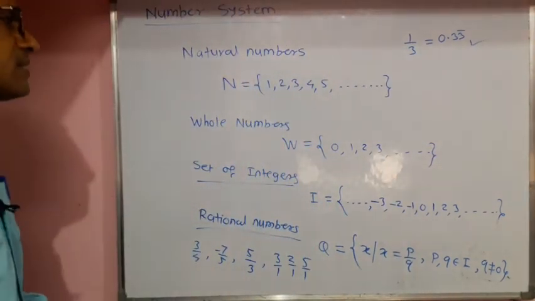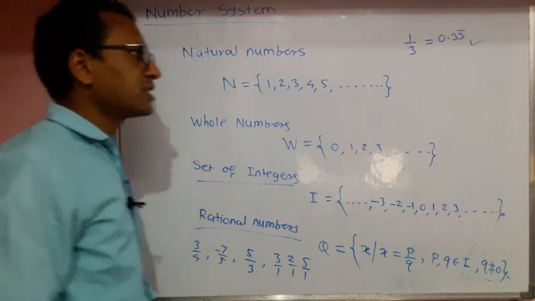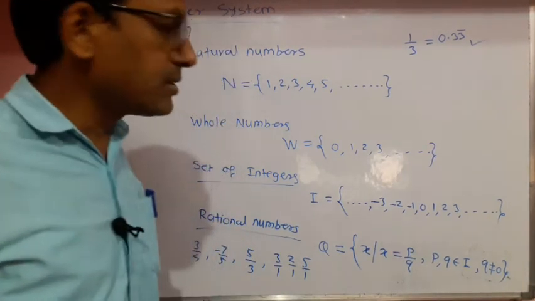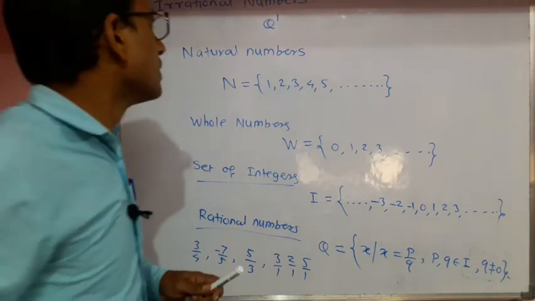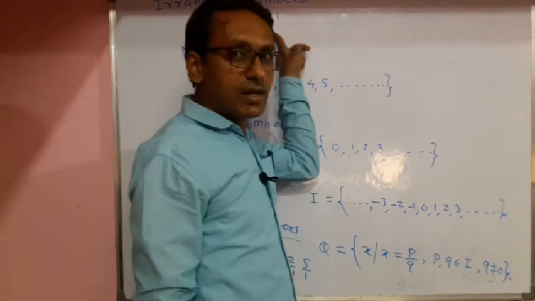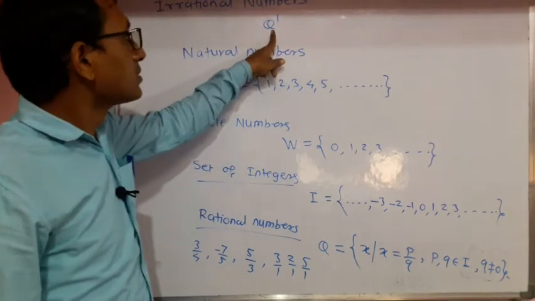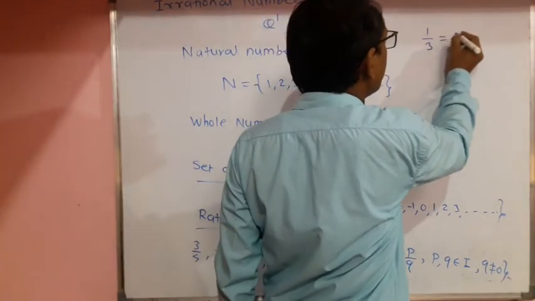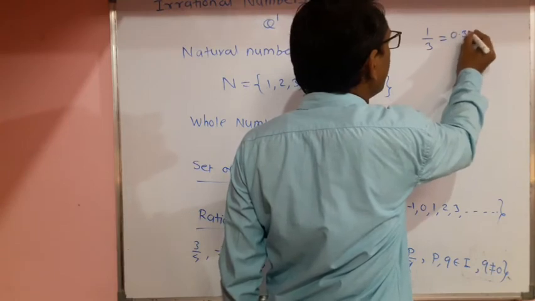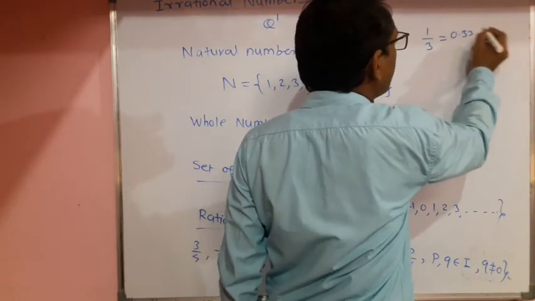Then next are the irrational numbers. Here we have to see the set of irrational numbers. But before that, like the element 1 by 3, its decimal representation is 0.33, where 3 occurs an infinite number of times.